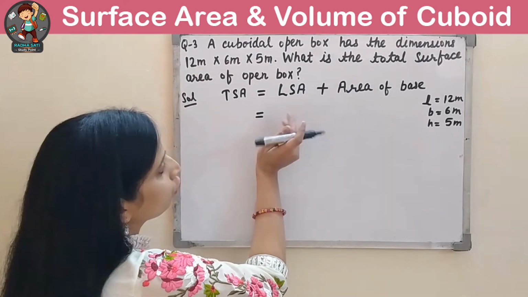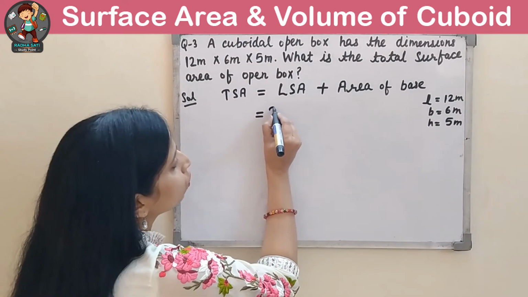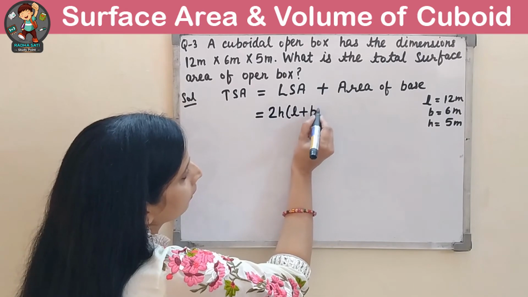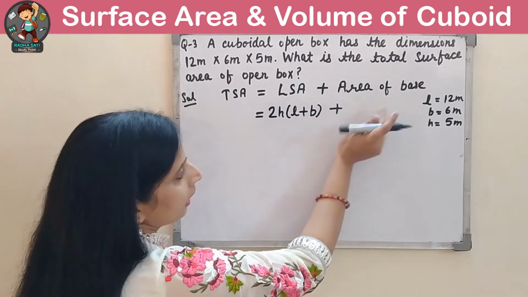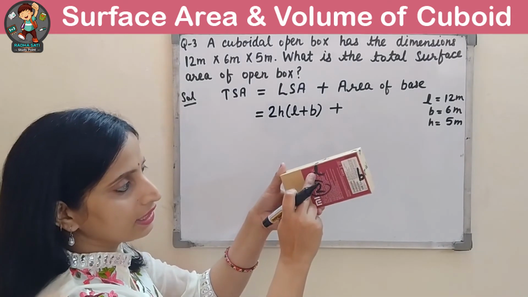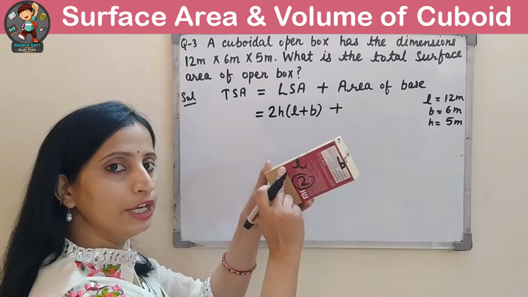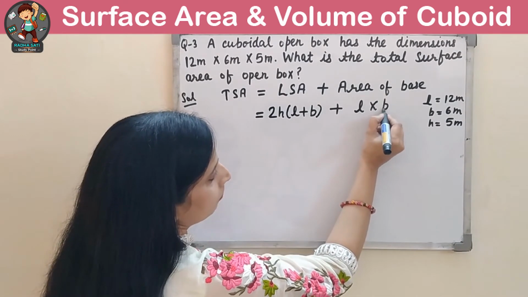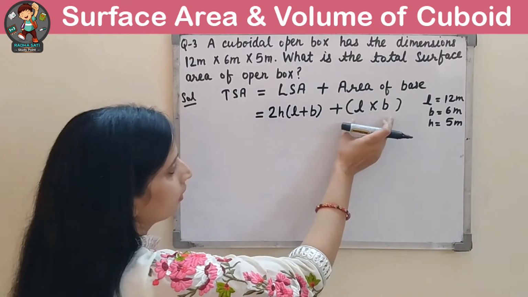We know the formula to find out the LSA. It's 2H times L plus B, plus the area of base. The area of base will be length multiplied by breadth, L into B. Put it under the bracket.